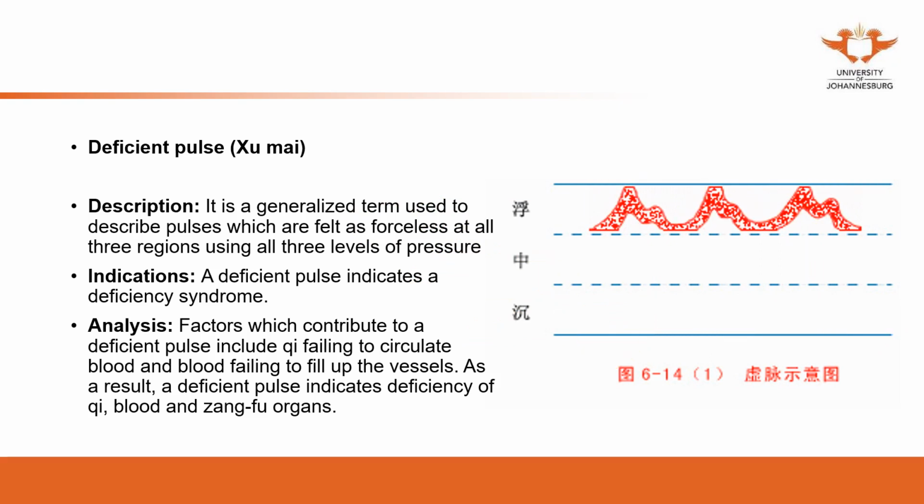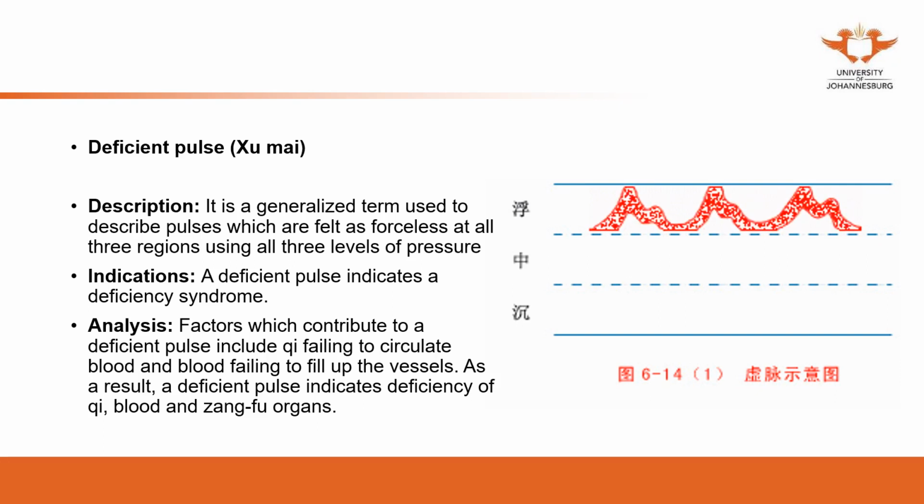Deficient pulse indicates the deficiency of qi and blood. So when you feel the pulse is forceless, this indicates the blood in the vessels is not enough. That's why you feel relaxed or forceless. This is very similar to a hose pipe. If the water pressure is not high, you may feel the hose pipe is very soft outside.